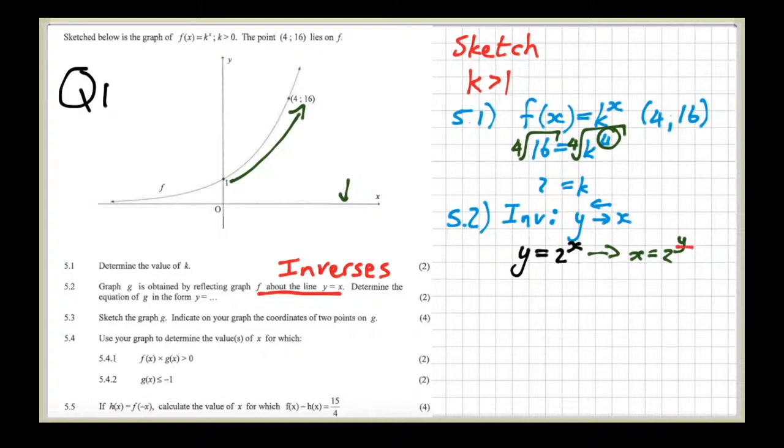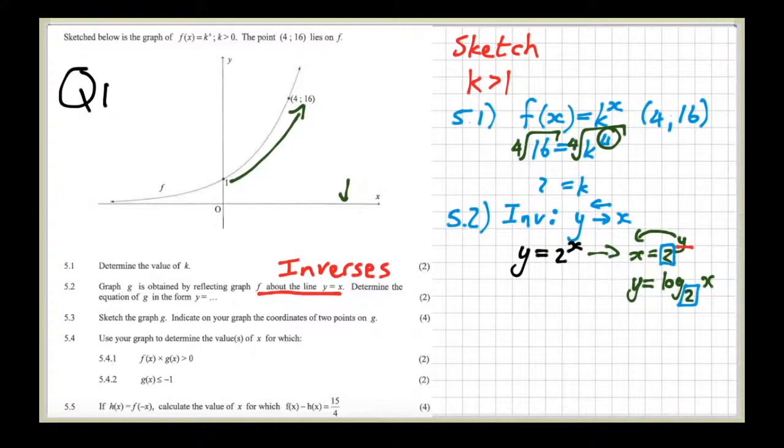So in other words, I want to get y alone, so I'm going to use logarithms. So y is equal to log base 2, because the 2 remains the base, of x. And there you've got the graph of g.